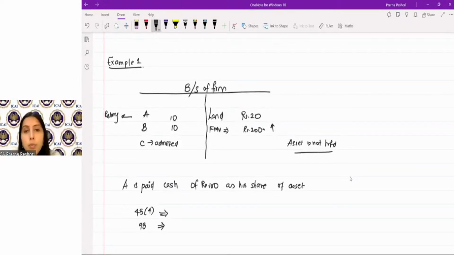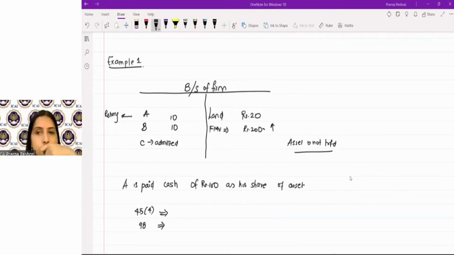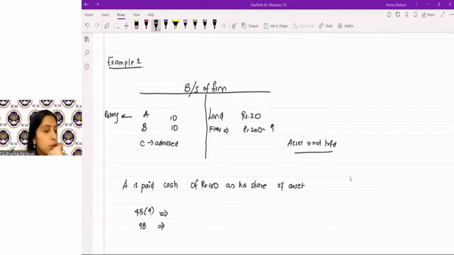If you have understood so far, you would be able to tell me. What is 45(4) and what is 9B?